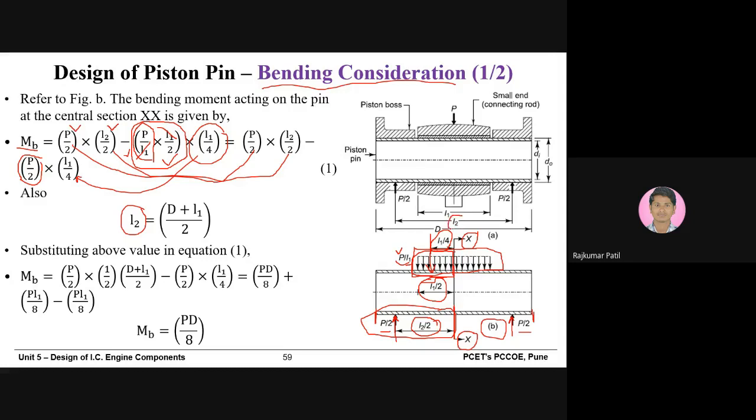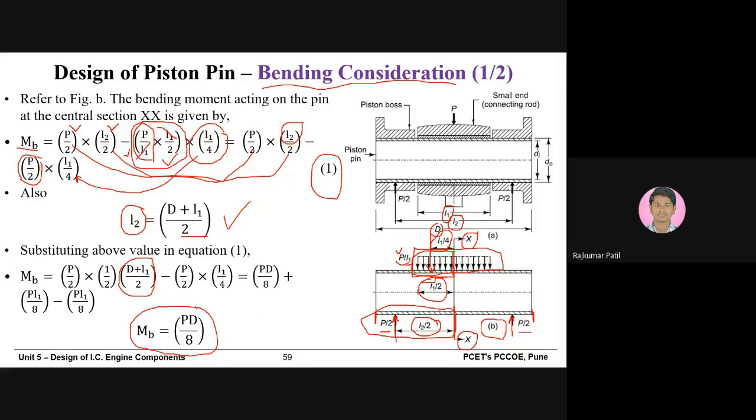There is an empirical formula for L2, and it is the mean value of D and L1. So L2 can be expressed as (D plus L1) upon 2. Substituting this value in equation number 1, L2 is replaced by (D plus L1) by 2, and simplifying again, you will get MB is equal to PD by 8.